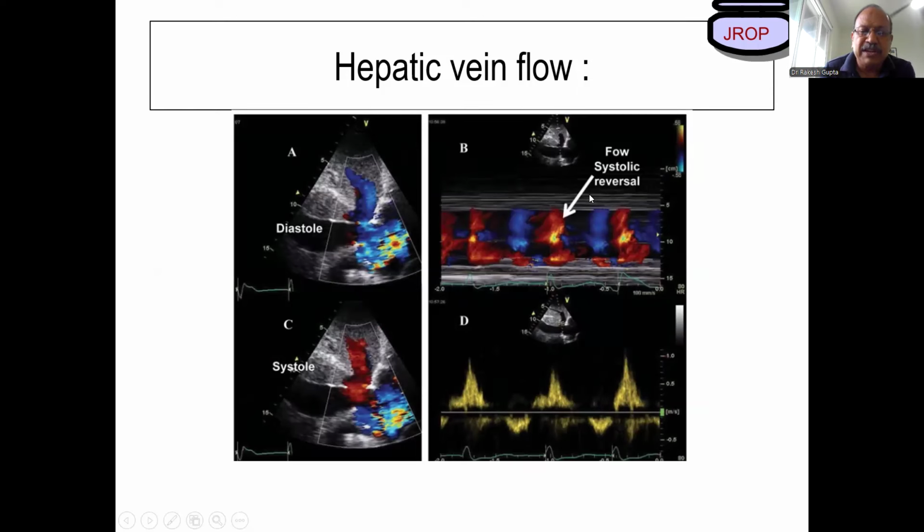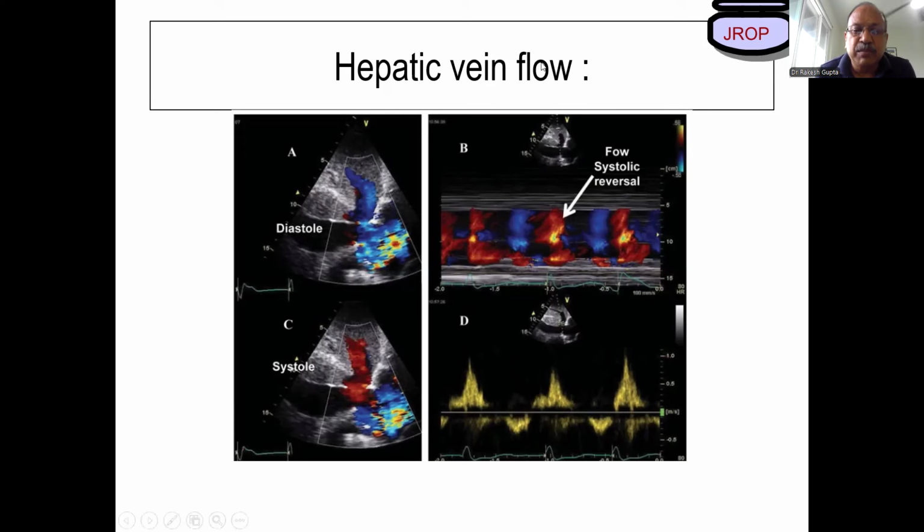Whenever we have a significant tricuspid regurgitation, it will reflect first as truncation of the systolic forward flow, and then reversal of the systolic forward flow into the hepatic veins. Look at this. This is a forward flow from the hepatic vein to the IVC, and there's a reversal of flow in this diastole during one of the cycles of the TR jet velocities.